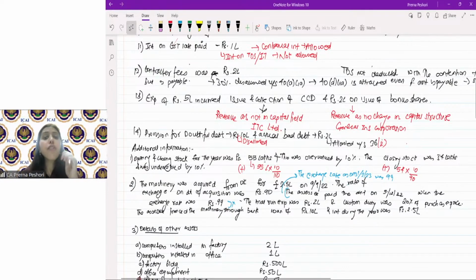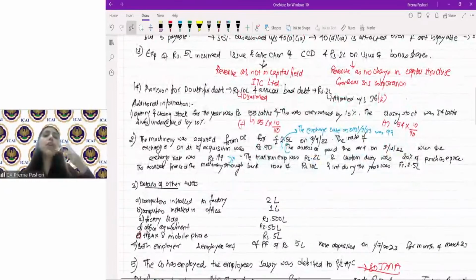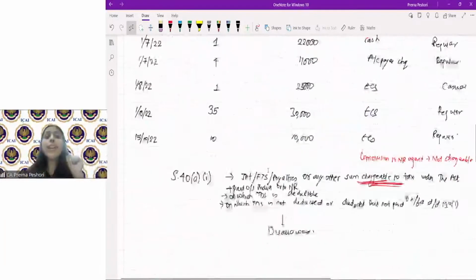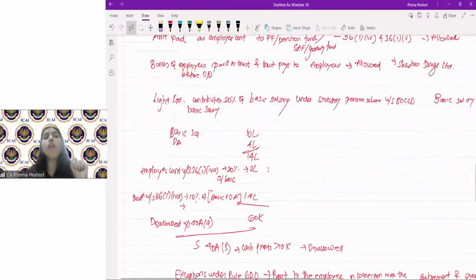Are we getting that? So if instead of self-financing, I would have taken the loan, but the loan should have been in foreign currency, then any increase or decrease would be added, but only at the time of payment.